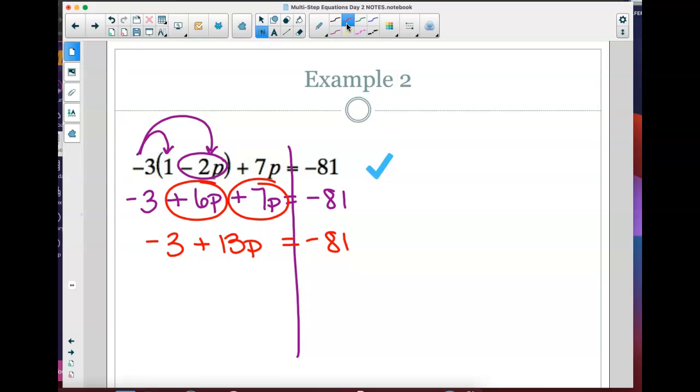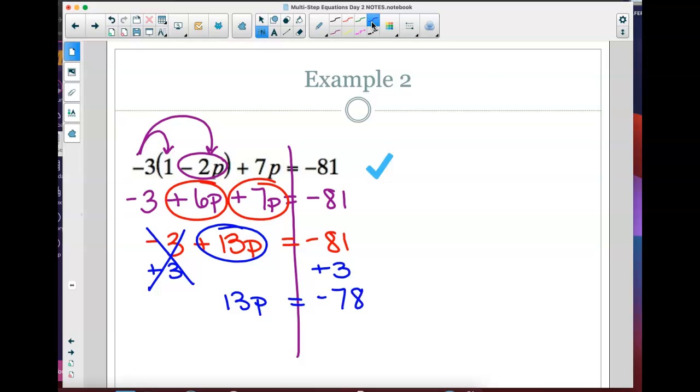So we circle the variable and its best friend. We get rid of the negative 3. How do I get rid of the negative 3? Caleb? Plus 3. These cancel out. So we have 13p equals negative 81 plus 3 is negative 78. And then the last step is what?